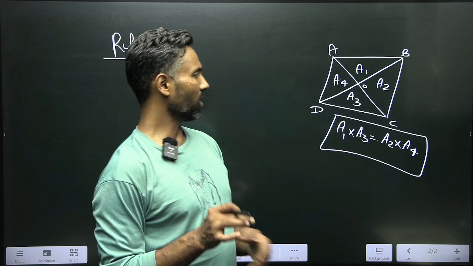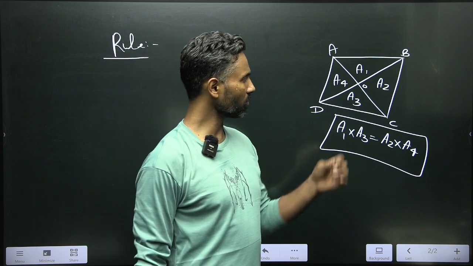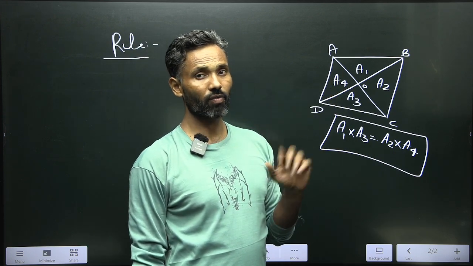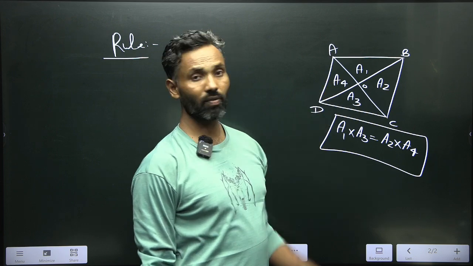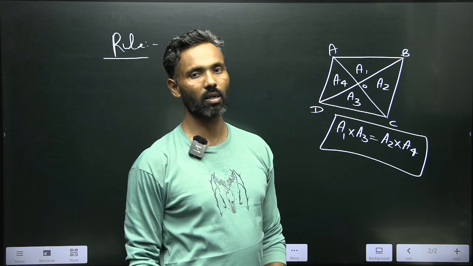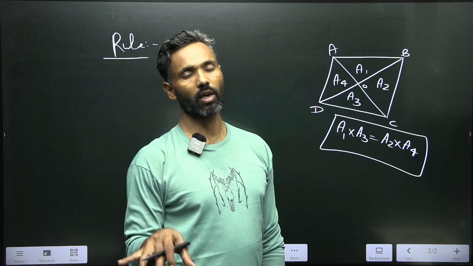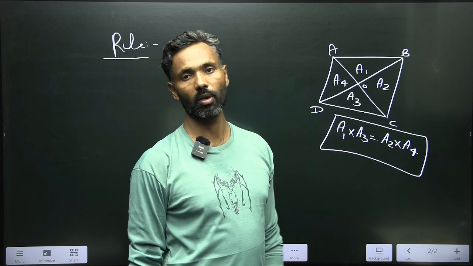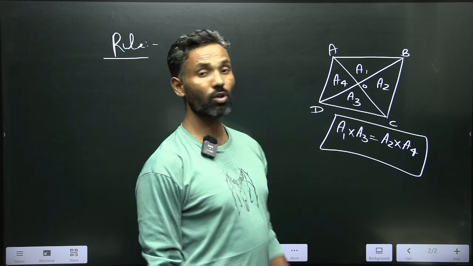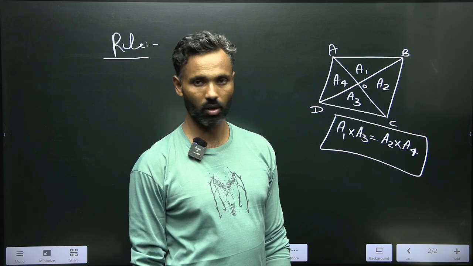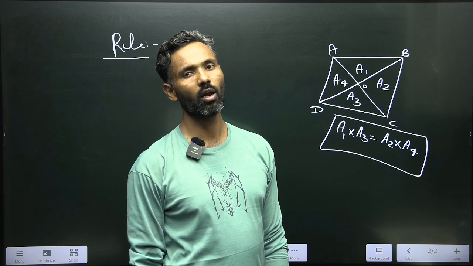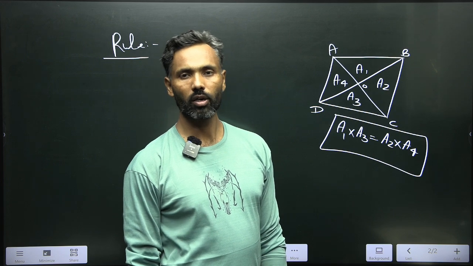The quadrilateral is divided into 4 different triangles, the areas of 3 triangles will be provided in the question, and the examiner will instruct you to calculate the area of the 4th remaining triangle. In that case you have to apply this formula. This is the second formula you can apply to calculate areas.